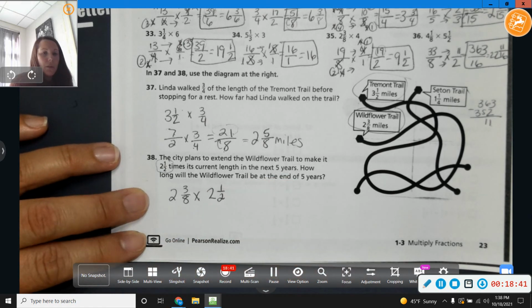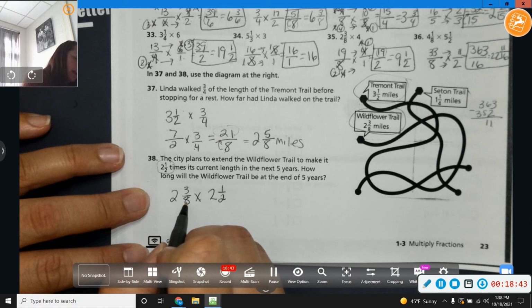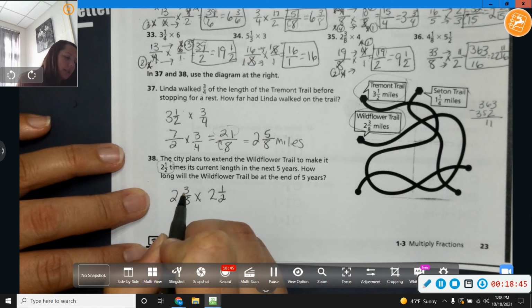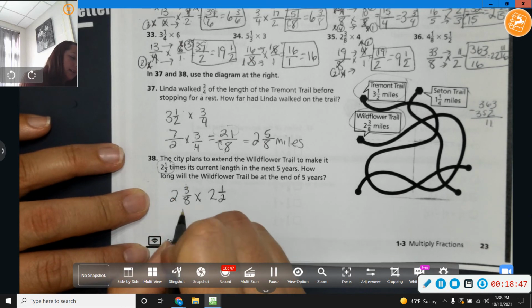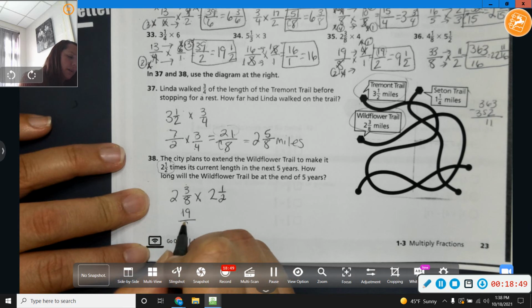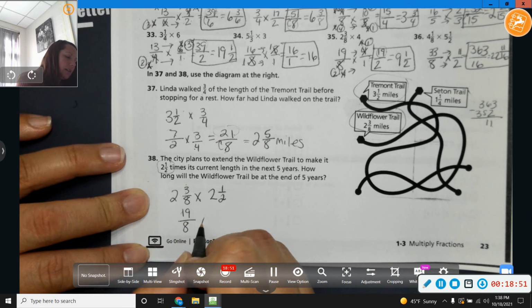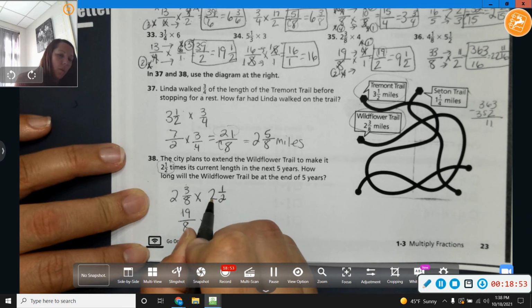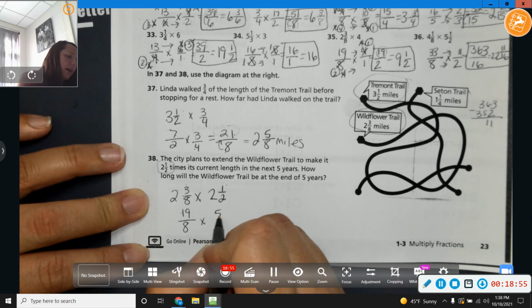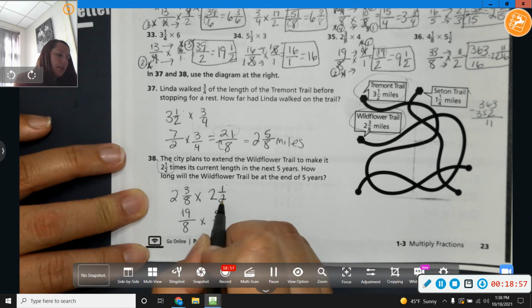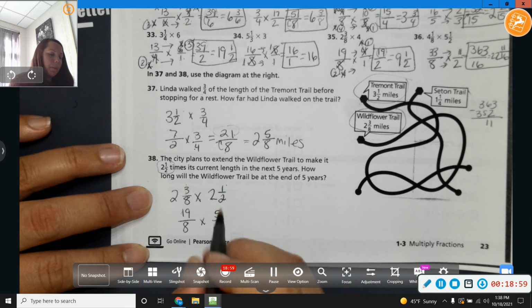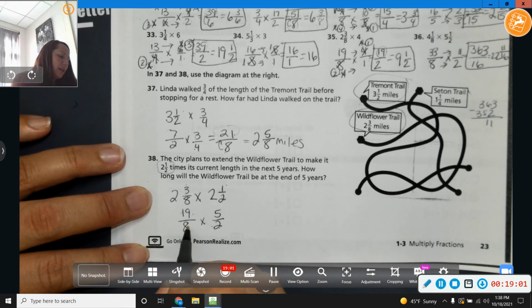Okay? So now I just need to solve. 8 times 2 is 16. 17, 18, 19. So 19 over my denominator of 8 times 2 times 2 is 4, plus 1 is 5, over 2 is my denominator. So that stays the same. I cannot reduce any further.